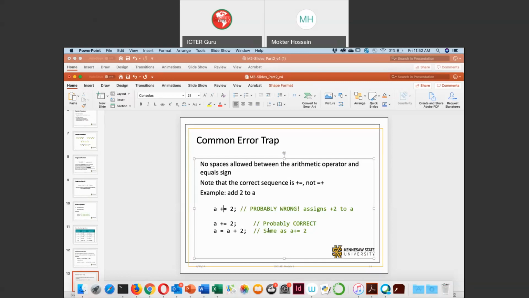So a equal to a plus 2 is the same as a plus equal 2. You see that there is no space in between, but we prefer that you write like this way. Then your code looks good.